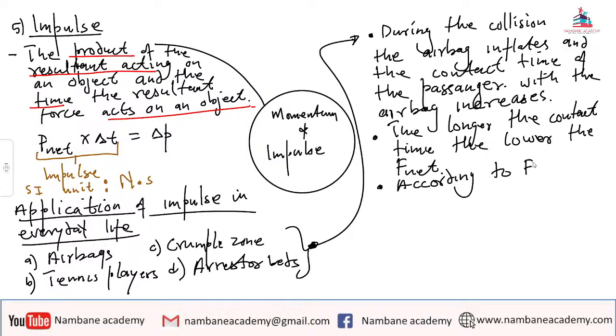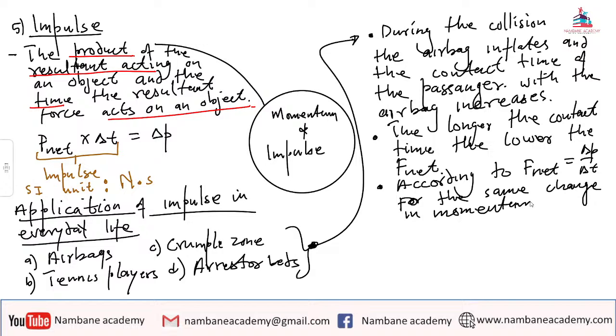According to Fnet equals change in P over change in T, for the same change in momentum. Why, ladies and gentlemen? Because our momentum did not change.